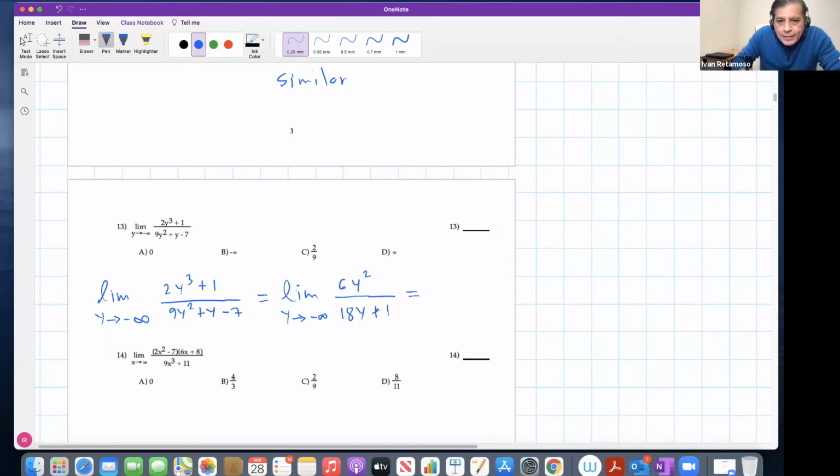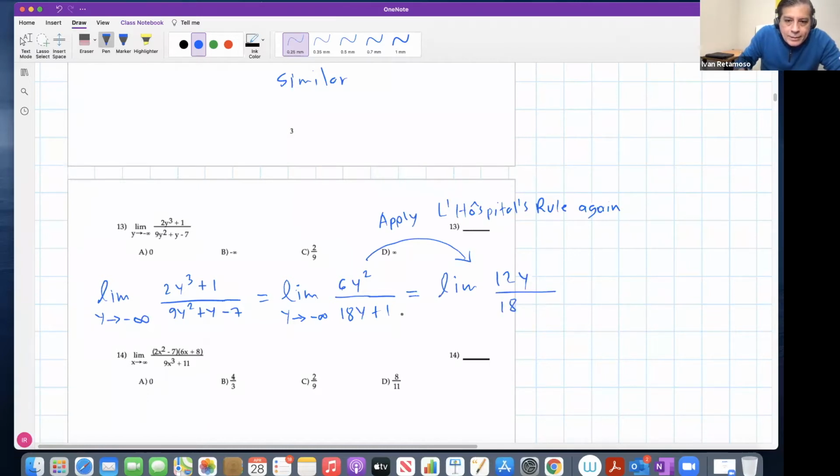But now, if you substitute negative infinity here, negative infinity squared is infinity. Here, negative infinity plus 1 is negative infinity. Again, you get infinity over negative infinity, so apply L'Hopital's rule again, as many times as you need it. Now if you apply this again, this is going to be 12y over 18.